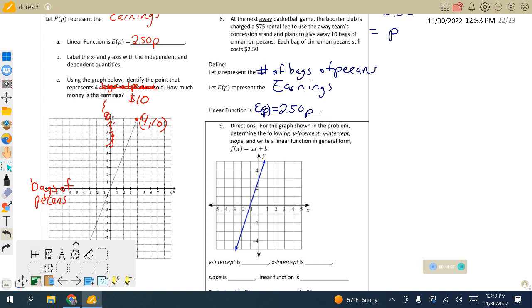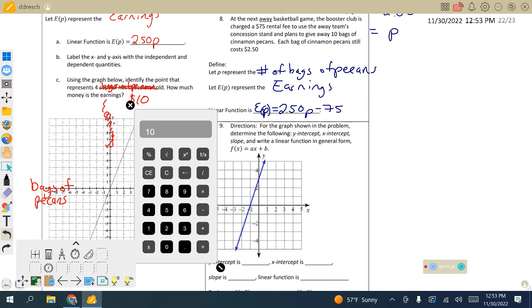What I've seen in the past is students remember to subtract out the 75 and then stop. I got to subtract out the 75, but what else are we also doing? Yeah, we're giving away 10 bags. And what does 10 bags translate into for money lost? Correct. Each bag is costing us $2.50. So I'm not giving away $10. I'm actually giving away $25.